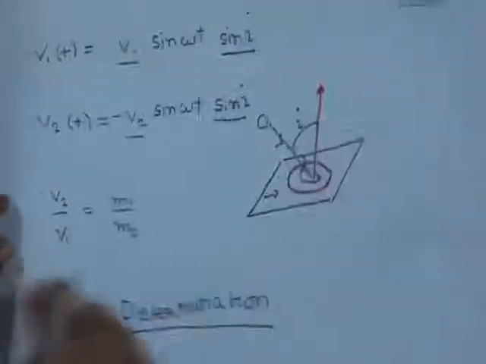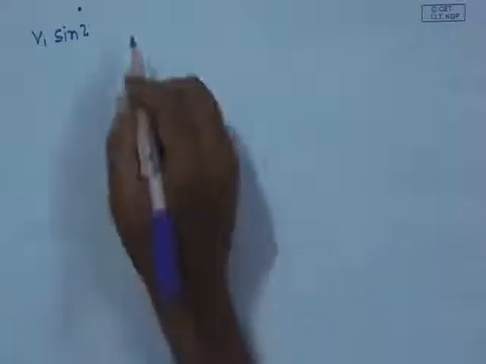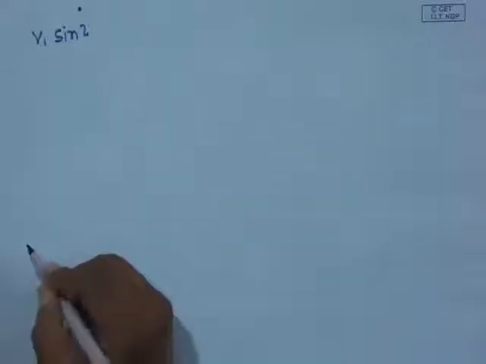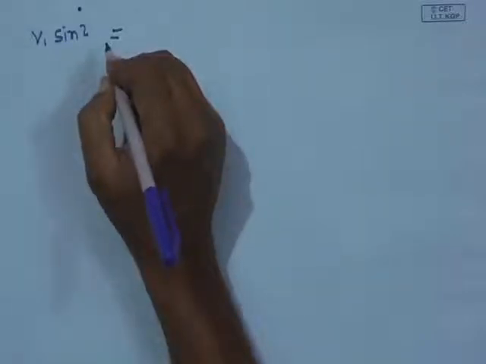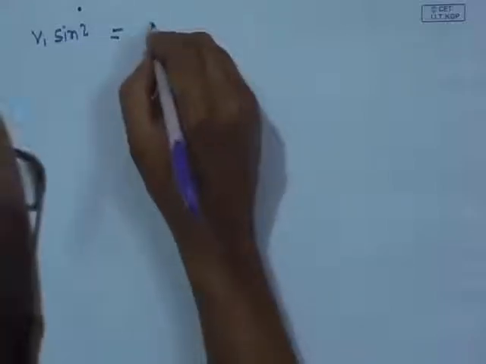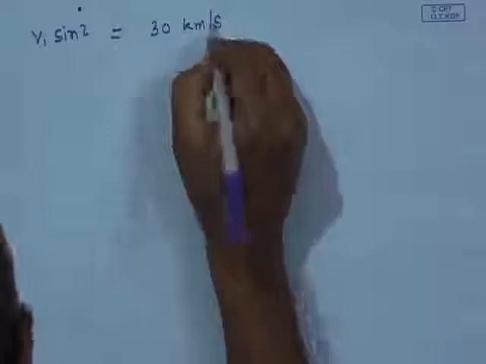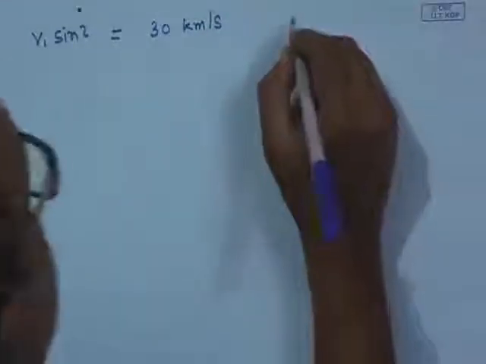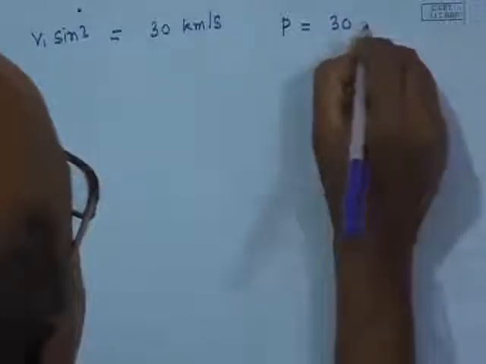You do not know the inclination angle. So, what you can measure is v1 sin I, and in the example which I will discuss, v1 sin I is equal to 30 kilometers per second, and the period of the system is 1 month, 30 days.